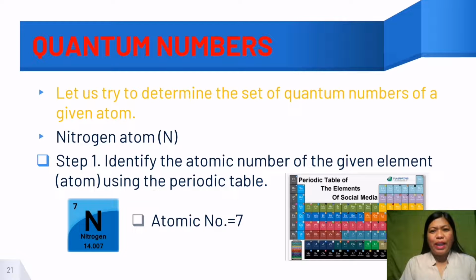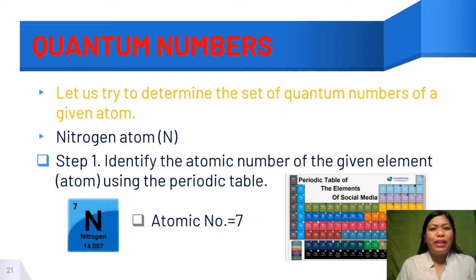First, let us know the atomic number of the element using the periodic table. We will see that the atomic number of nitrogen is 7.